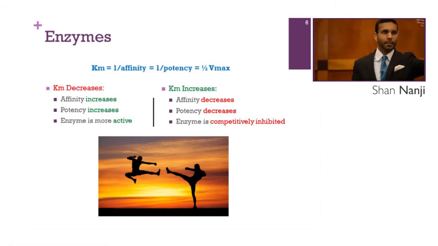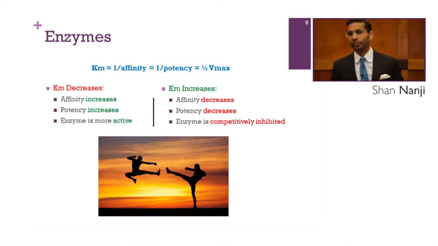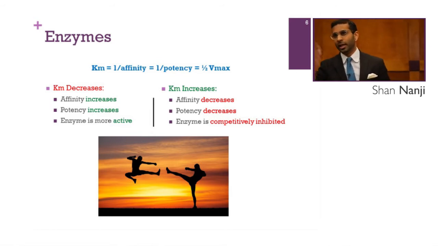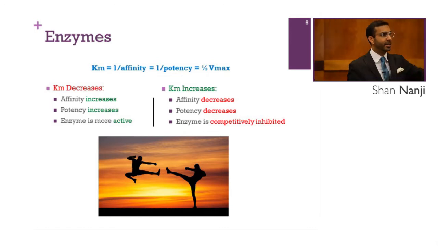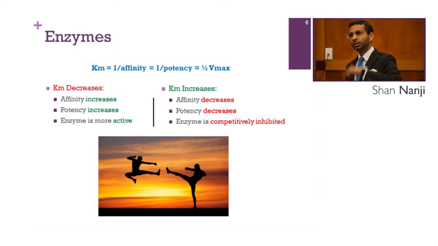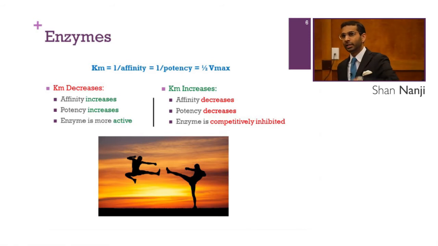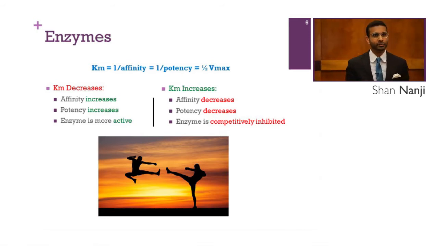Affinity and potency always go in the same direction. So if Km goes down, affinity goes up, and potency goes up. Excellent.